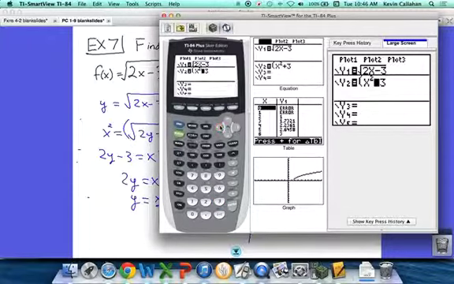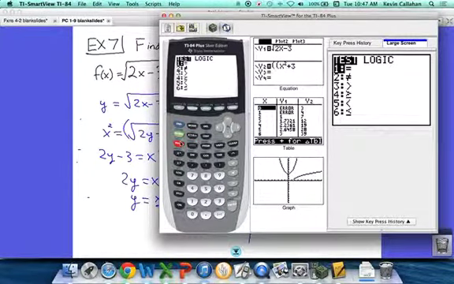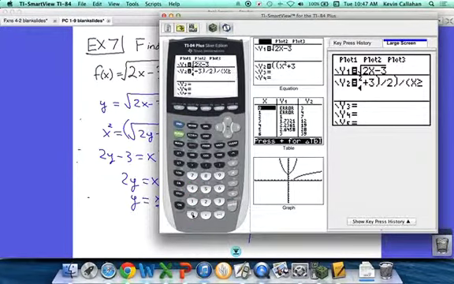I need another set of parentheses. x squared plus 3, in parentheses, divided by 2, in parentheses, divided by, now I got to put the domain. It's x greater than or equal to 0. So x, second math, greater than or equal to, it's 4, and it's 0. Now I hit graph.